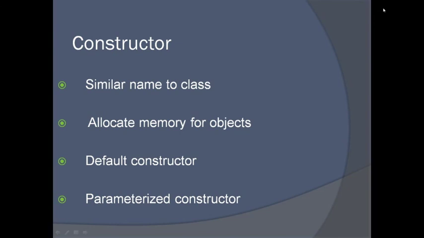Then comes the constructor. A constructor is similar to a method, with its name the same as the class name. A constructor is called at the time each object is created in a class. Also, the main purpose of the constructor is to allocate memory for the objects. In Java programming, there are two types of constructors, which are default constructor and parameterized constructor.